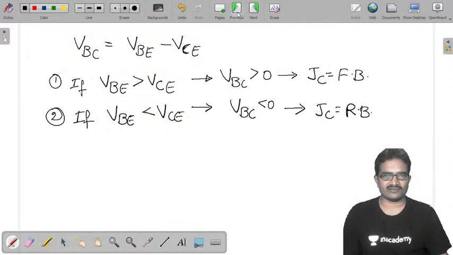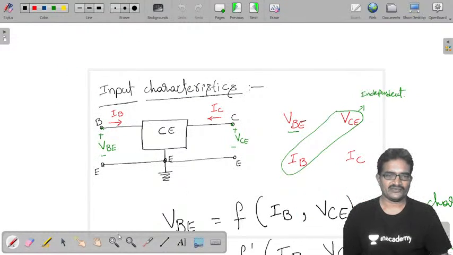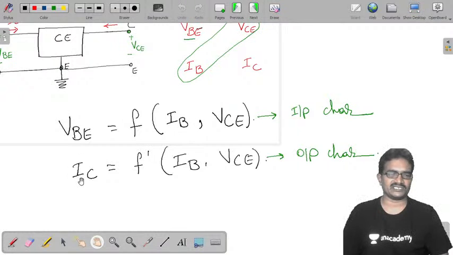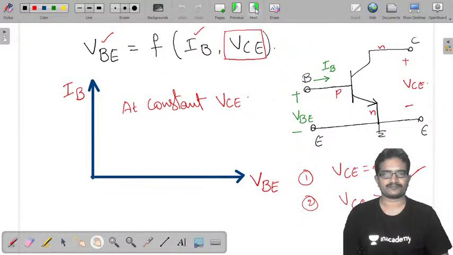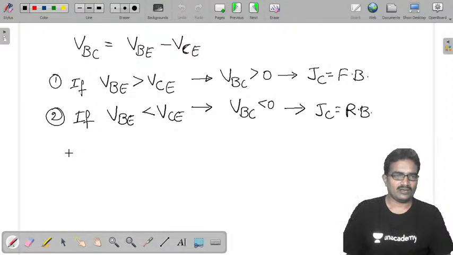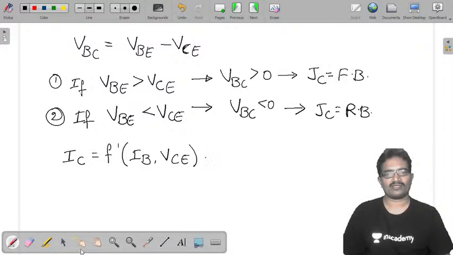Let me go back one minute to the main equations. The output current equation says IC is a function of input current IB and output voltage VCE.